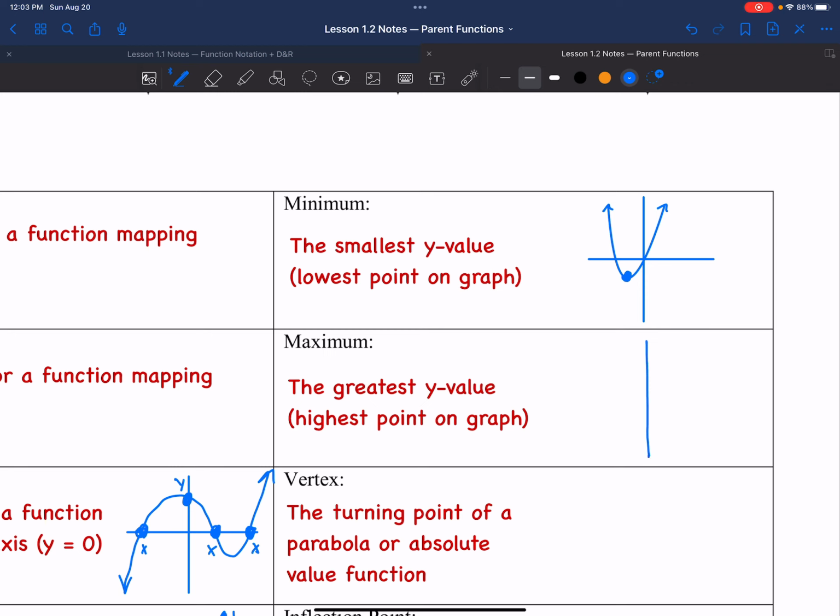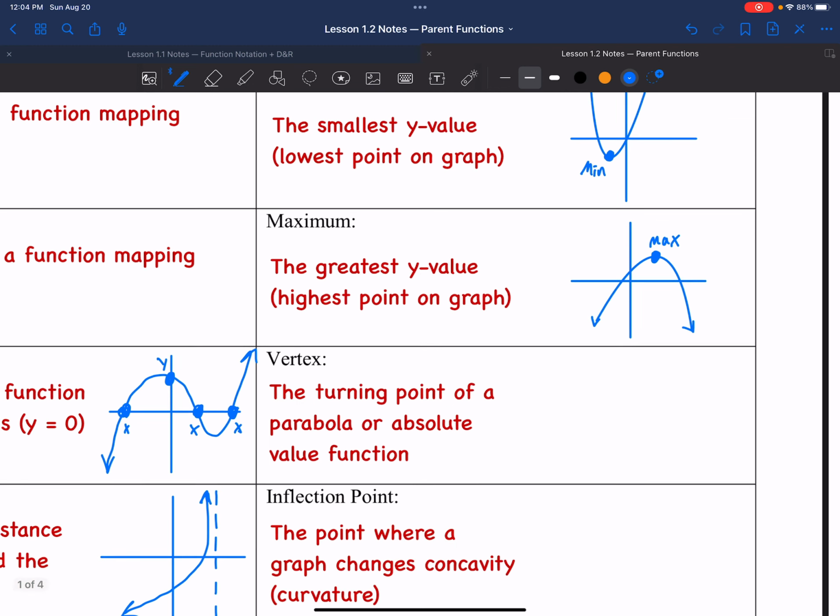So I'll draw a parabola upside down, like so. It's not perfect, but it's okay. And this apex point, this top point, the highest point on the graph, that's the maximum, okay? So that's my min, and that's my max.